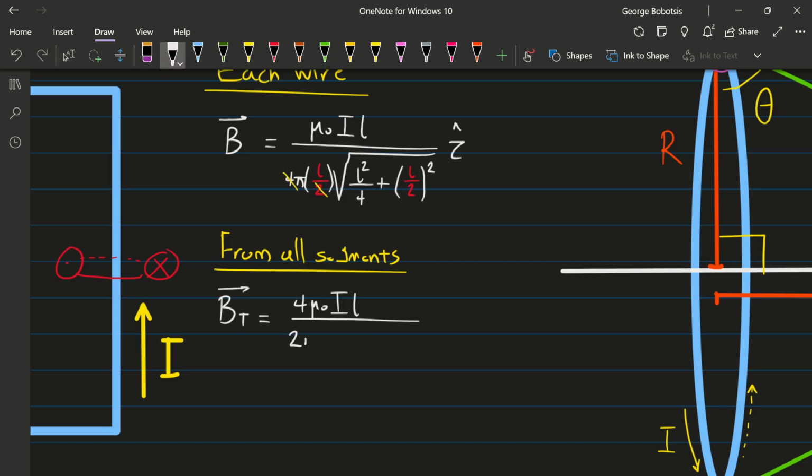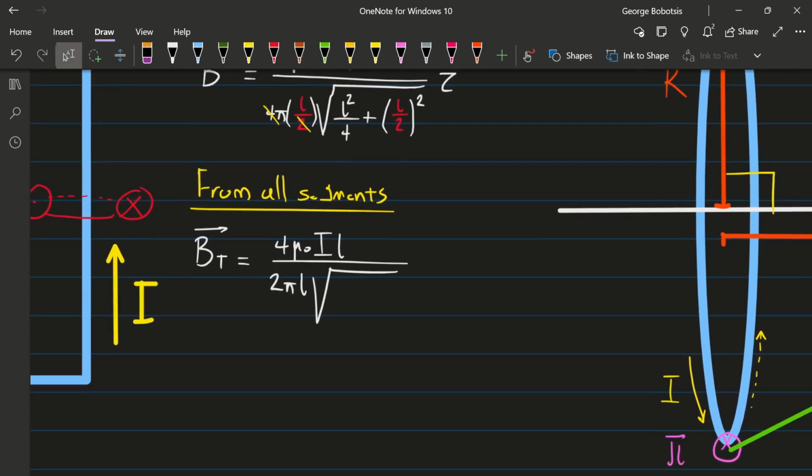You get 2 pi L, 2 pi L, yes, root L squared over 4 plus L squared over 4, that's 2L squared over 4.